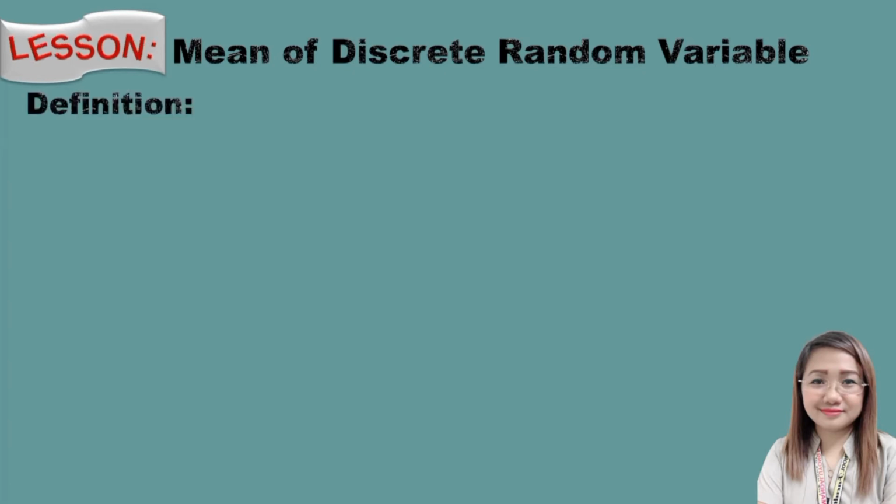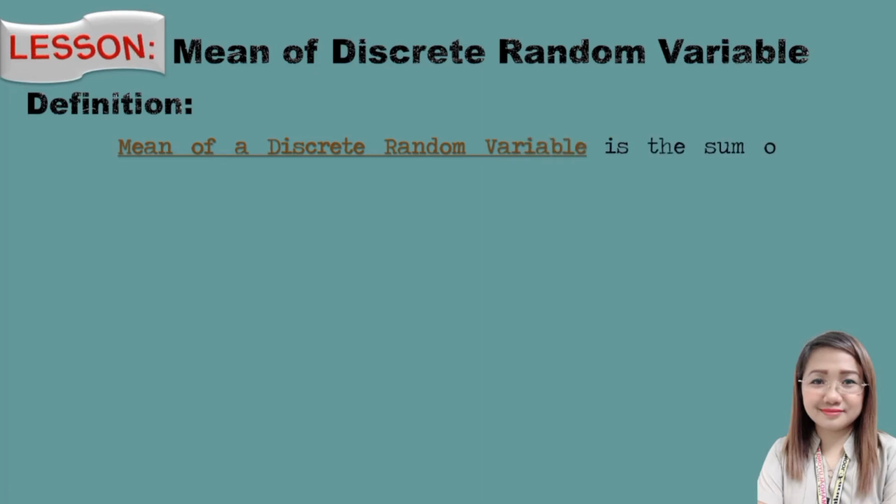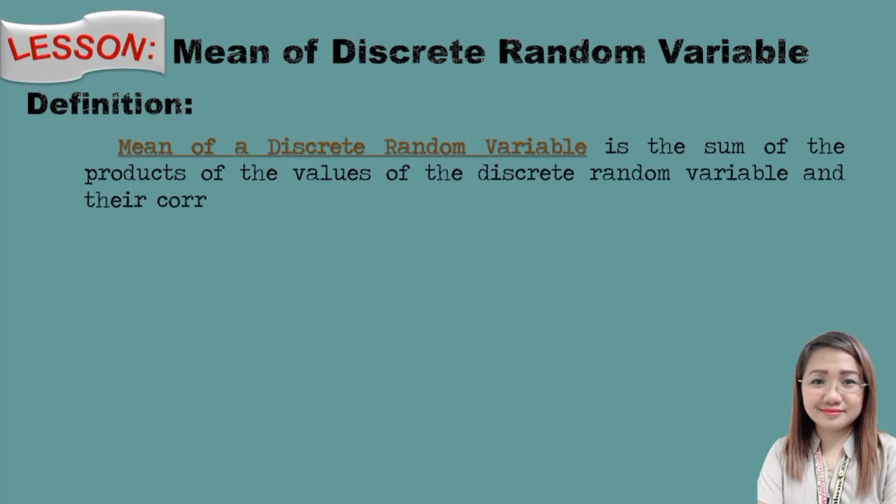By definition, mean of a discrete random variable is the sum of the products of the values of the discrete random variable and their corresponding probabilities. The mean of a discrete random variable x is a weighted average of the possible values that the random variable can take.